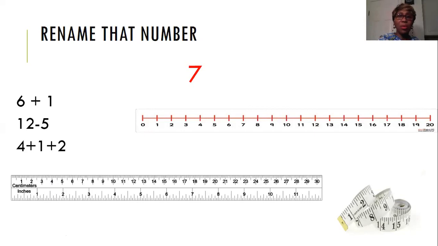Now we need to hop how many more times? 2 times. 4 plus 1 is 5 plus 2. 1, 2. Bam, right there on number 7. Another way to rename that number 7 is 4 plus 1 plus 2. It does equal 7. All right, moving on.